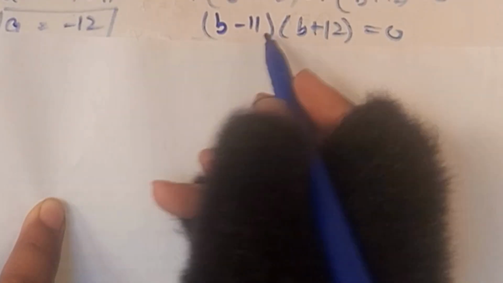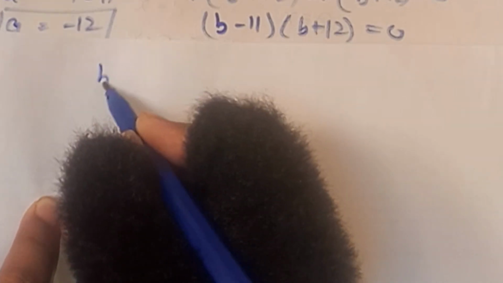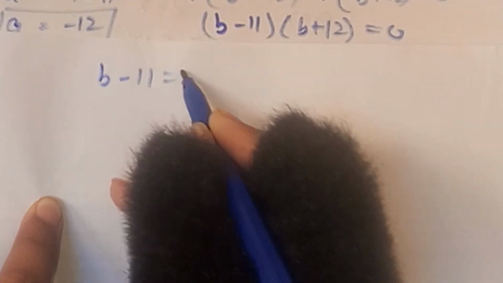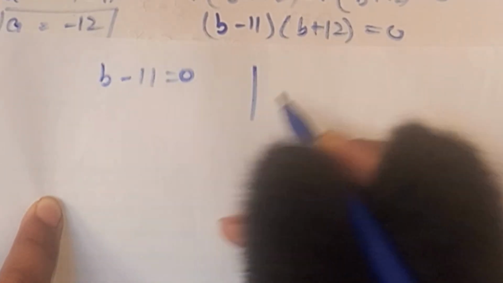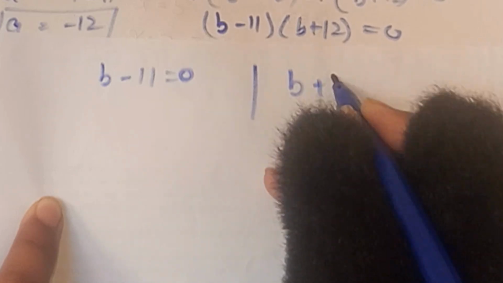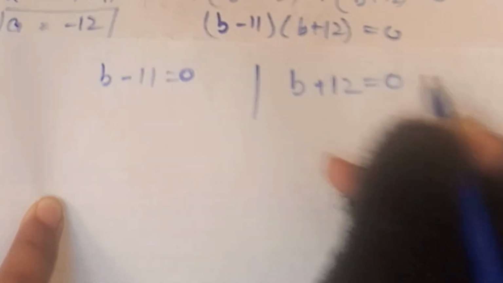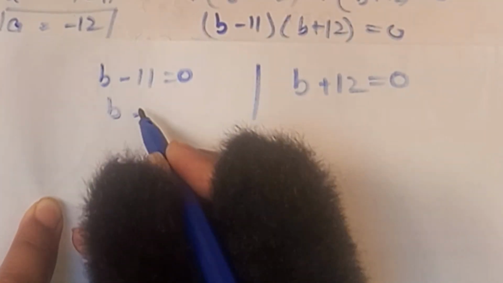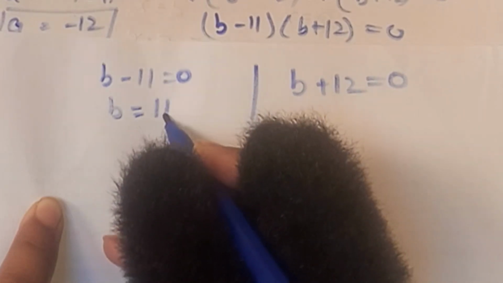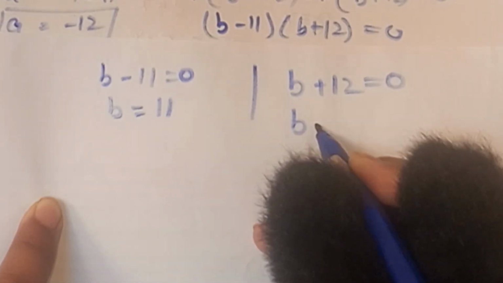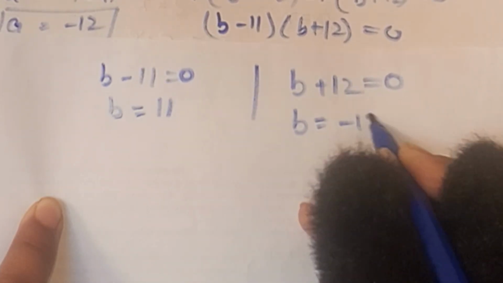So this implies one of them must be equal to 0: b − 11 = 0 and b + 12 = 0. So this implies b = 11, and this implies b = −12.